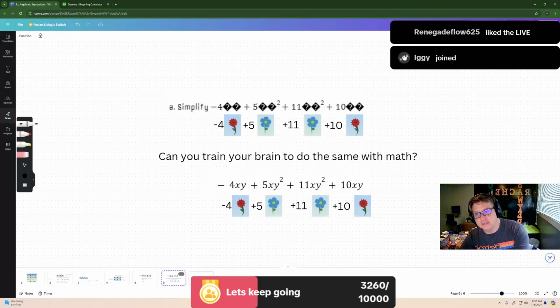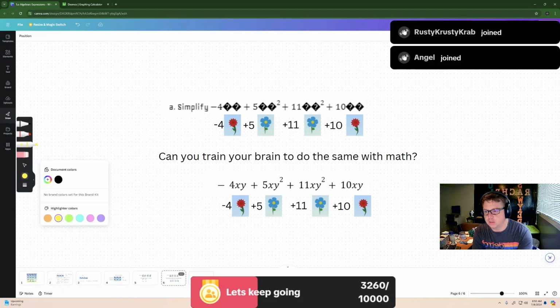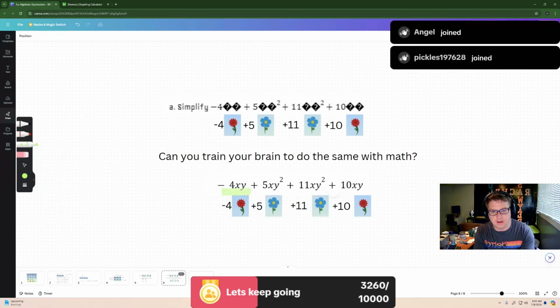All right, so the last idea we want to touch on is simplifying this, okay? So when we do that, this term right here, negative 4xy and a positive 10xy, we're going to put those two ideas together, and that's where we created that 6xy.